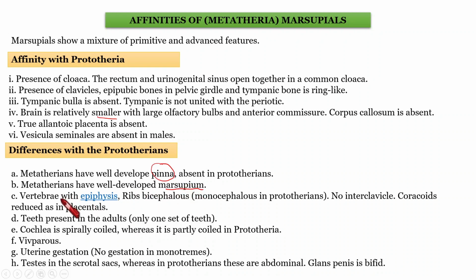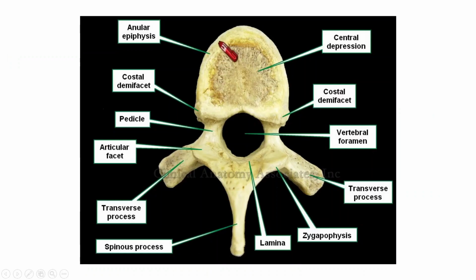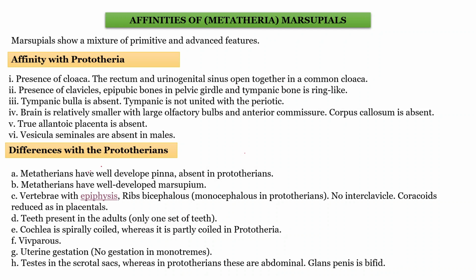In metatherians, vertebrae are with epiphysis. Epiphysis means the cartilaginous body of the vertebrae that connects with the next vertebrae. This one, epiphysis. Okay. So, vertebrae are with epiphysis in the case of metatherians.